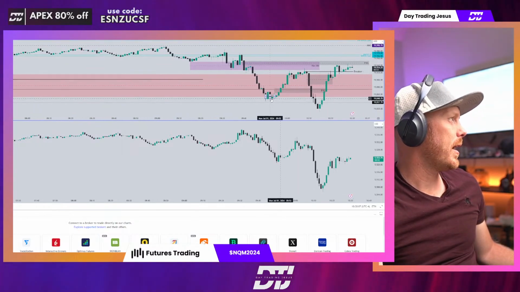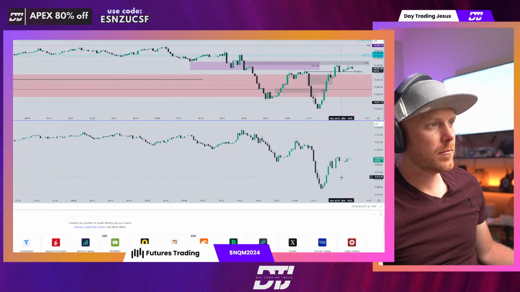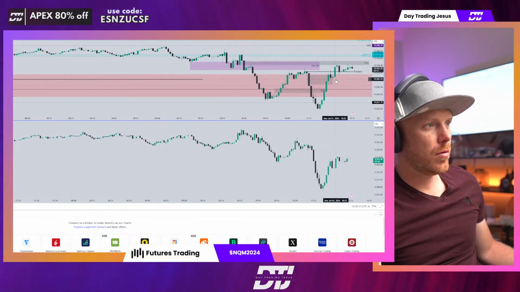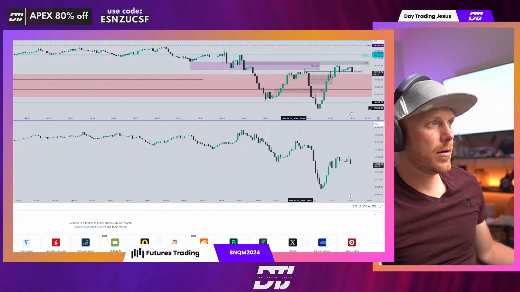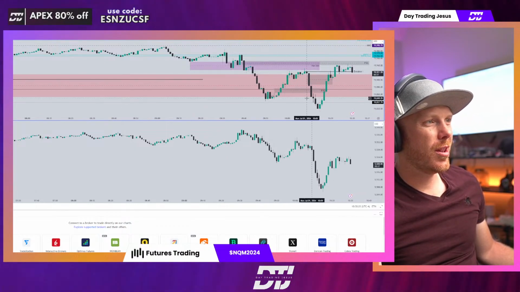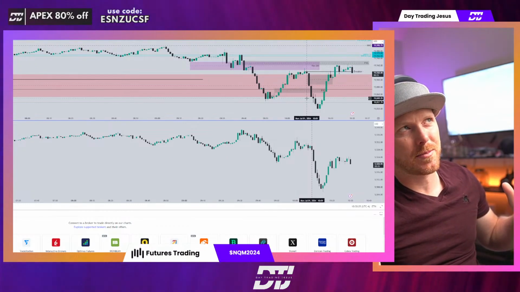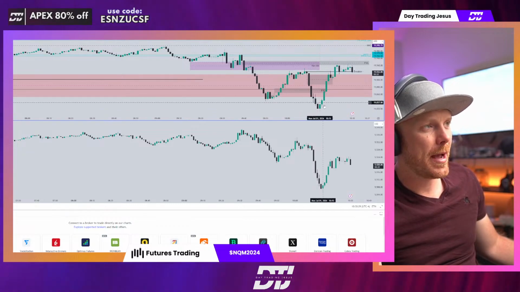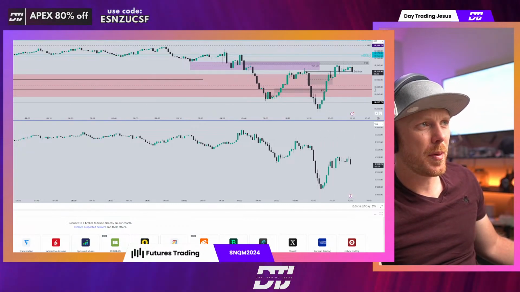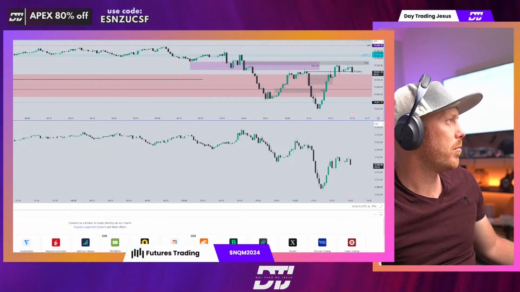So I'm looking right now at the 1 minute. I'm not seeing any SMTs here. I don't like using SMTs from the previous day. I want to see it in price action right now. Other people may do that. I just don't put that much weight into it.